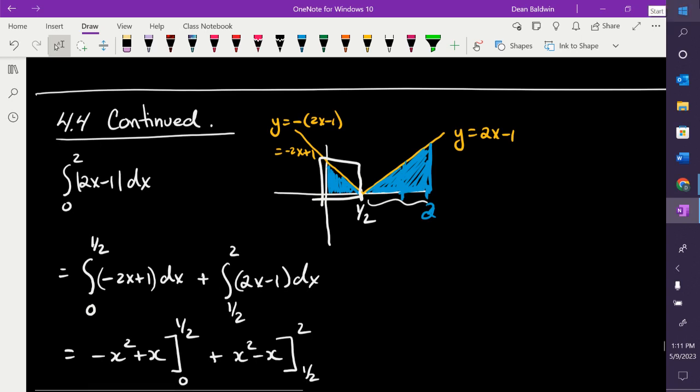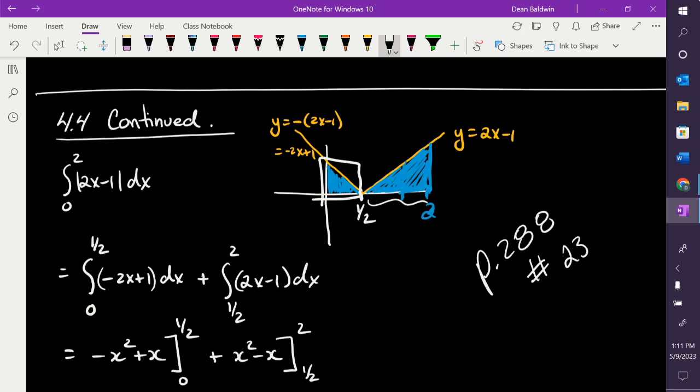I'm going to give you a couple questions on page 288. 23 and 25. Oh, what? Whoa. There we go, normal. I don't know what happened there, but 23, 25, just one sec.